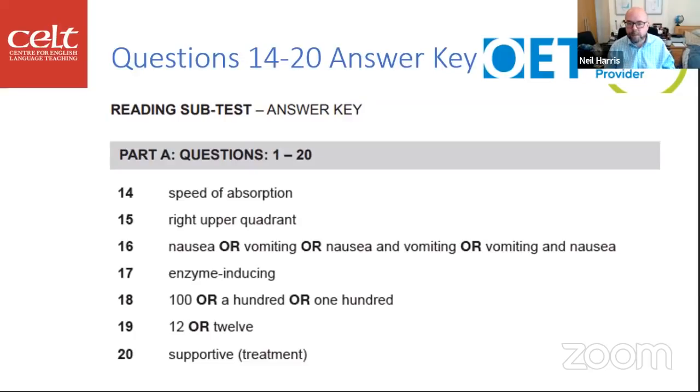For the remaining ones, really what I can say is, just put something that fits. It may well be, if it's a condition, you can use your medical knowledge to try to guess. You may or may not get it correct, because of course OET is a test of English, not of medicine. But don't give up. Try putting something in.